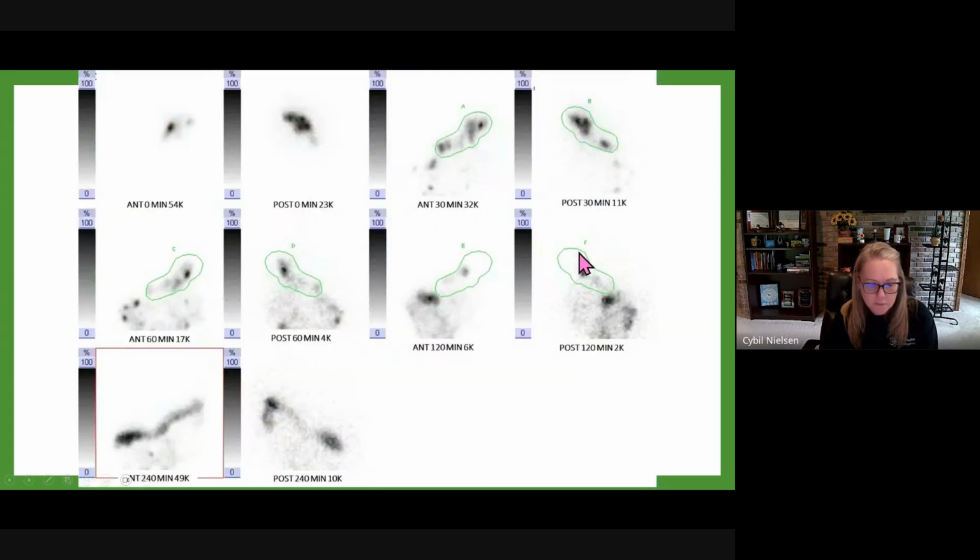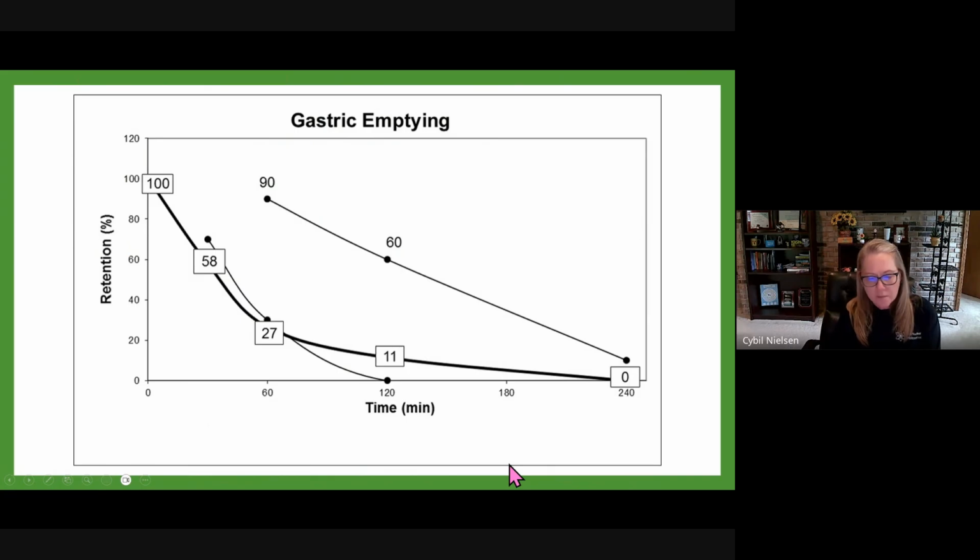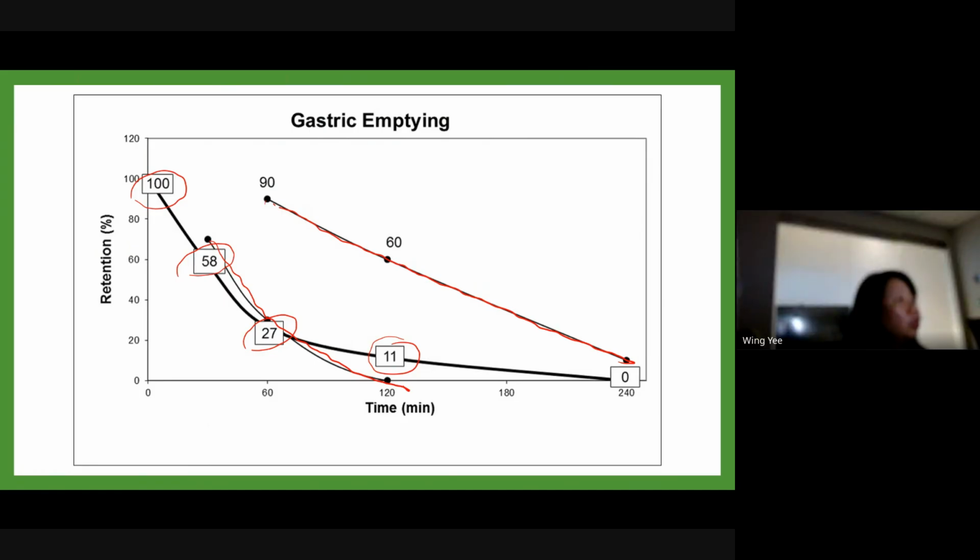Okay, we're going to skip through that. All right, let's take a look at a couple of these. So this is the normal upper limit, and this is the normal lower limit. This thick line is the patient. Is this normal or is this abnormal? It's over 100.